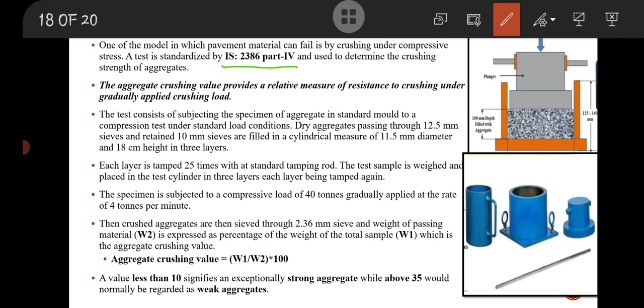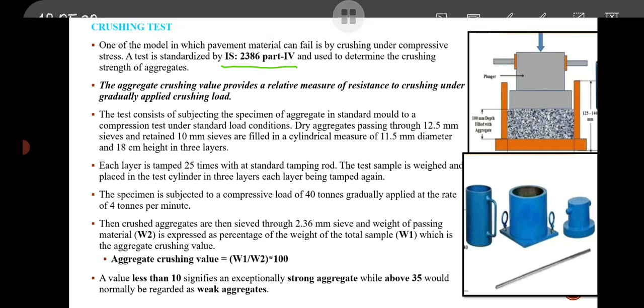That test is similar to the impact test, except that here, instead of an impact given 15 times, a gradual increase of load is applied, which gives its crushing strength. Usually a crushing strength less than 10 signifies that it is exceptionally strong, and above 35 it gives a weak aggregate.